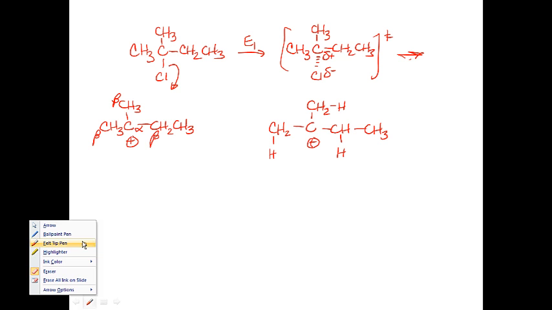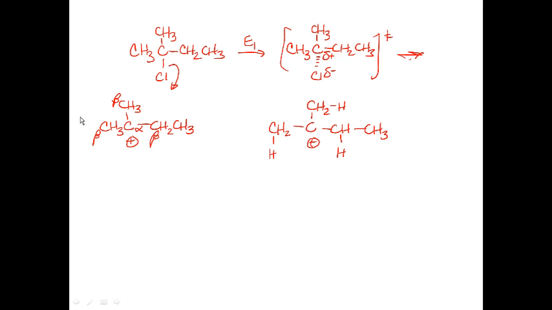Okay, so there are my three beta hydrogens attached to then the alpha and the beta carbons. So how many different products can be formed by the loss of these three beta hydrogens? Do I form just one product, two products, or three different products?